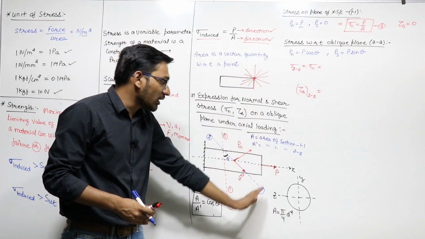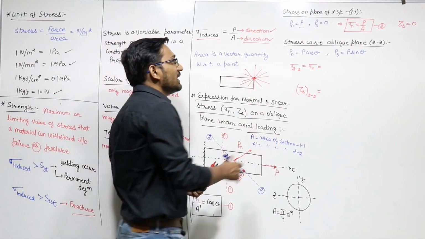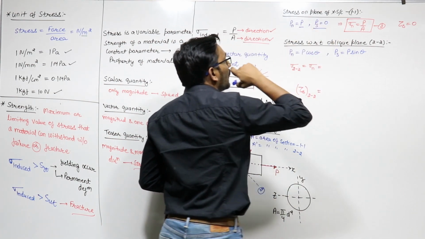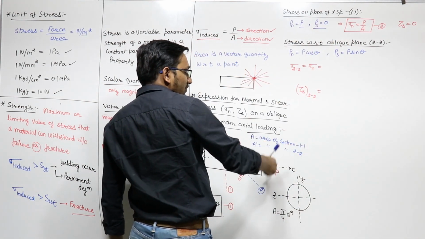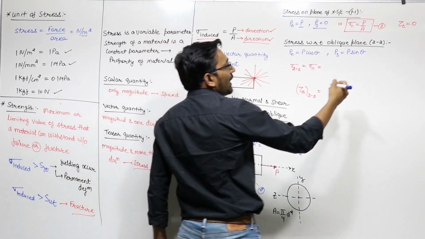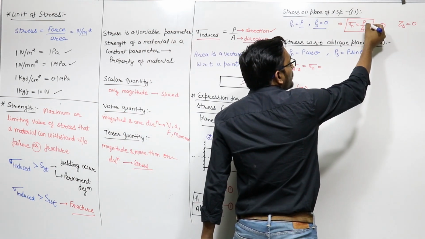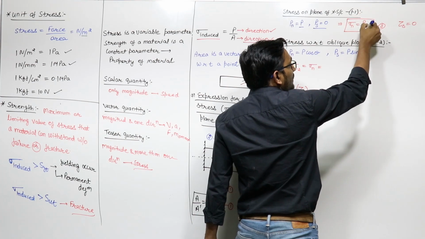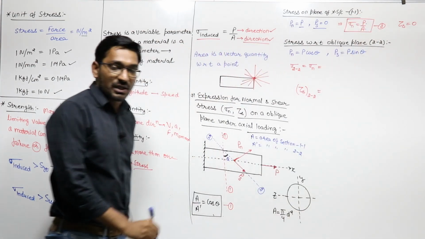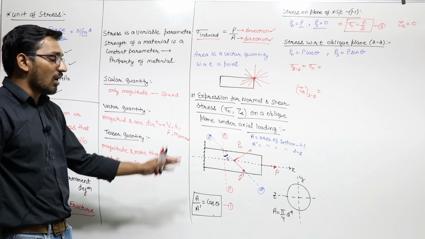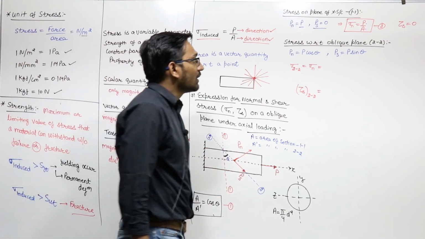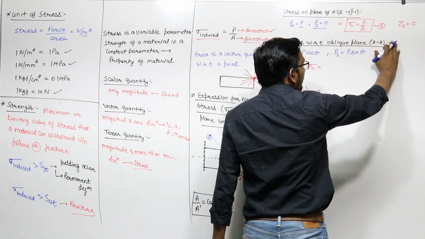There is no shear load in this plane. So I can write the normal stress on the plane of cross section 1 will be equal to normal load on section 1 divided by area of section 1, that is P by A, is the normal stress on the cross section plane. This is equation number 2 if I can write.